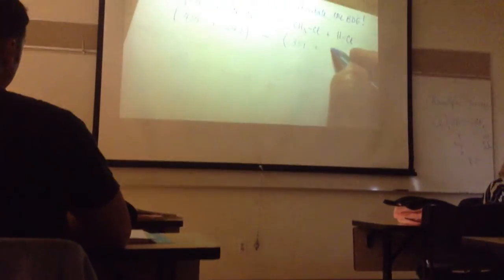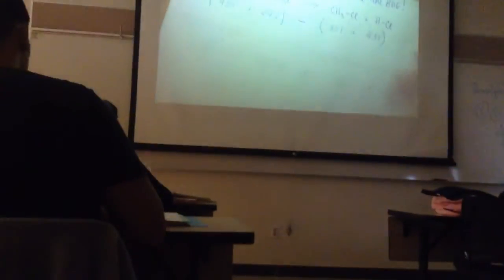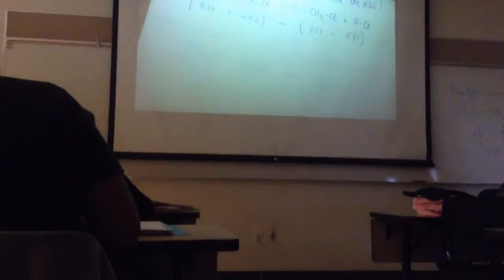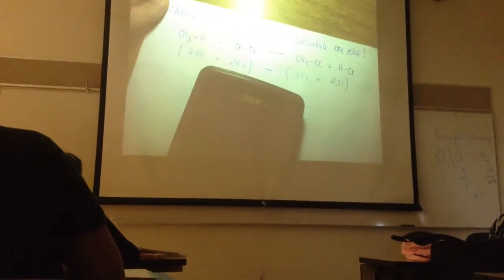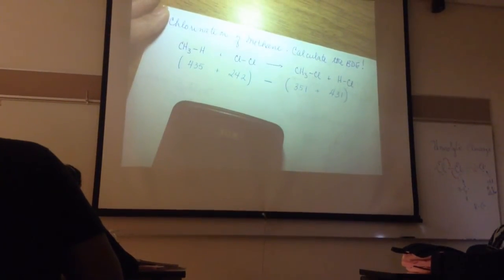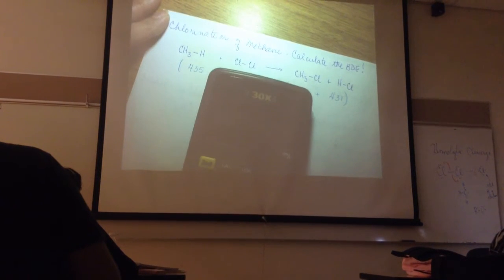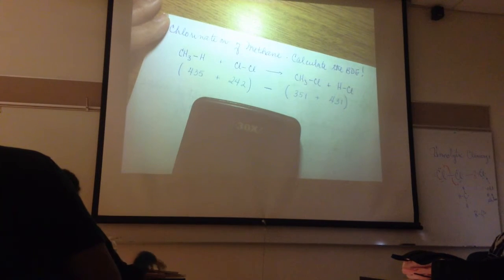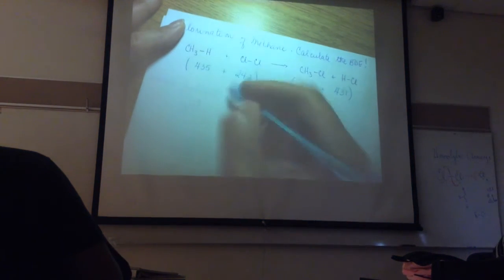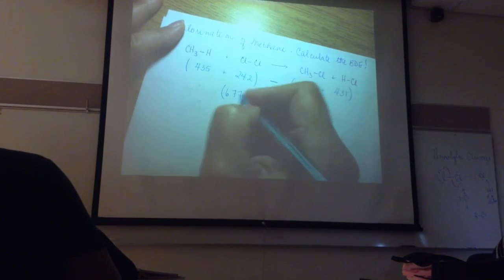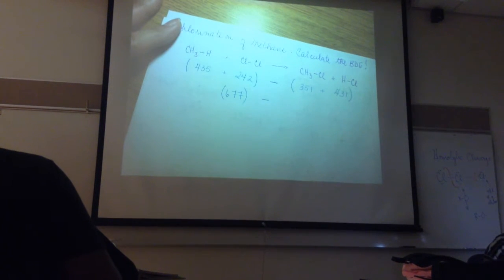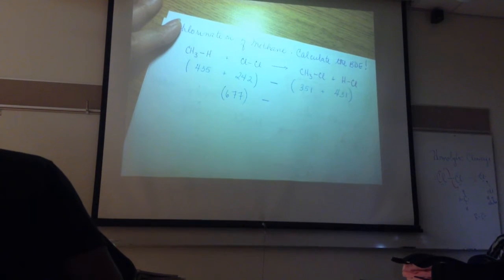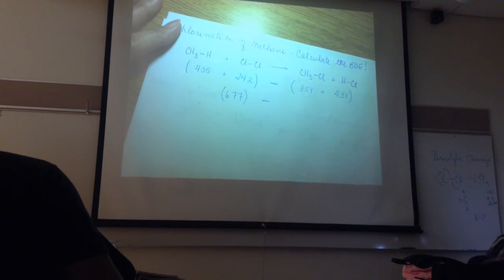So all I did was add all those numbers, okay? Using my calculator, since I don't want to be a fool in front of you: 435 plus 242, so this is 677, and then my 351, I cannot even use a calculator anymore, 782.